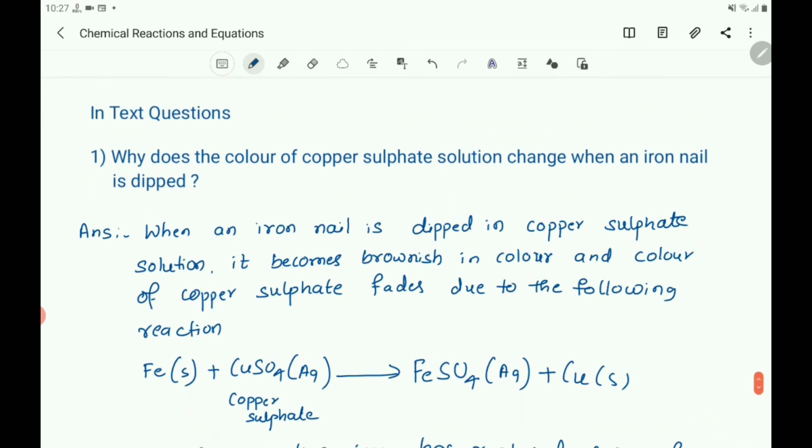This is the answer for this question. Here, the amount of copper decreases and the solution changes to FeSO4, and the copper sulfate solution changes in color.